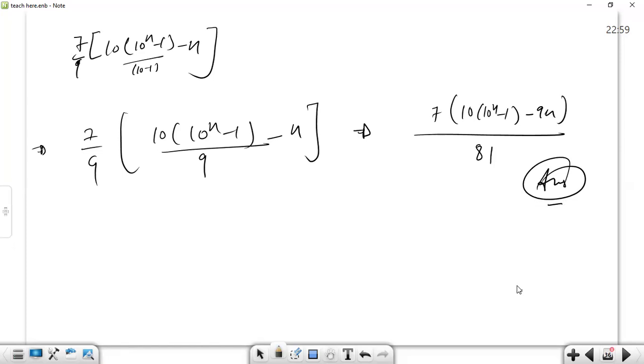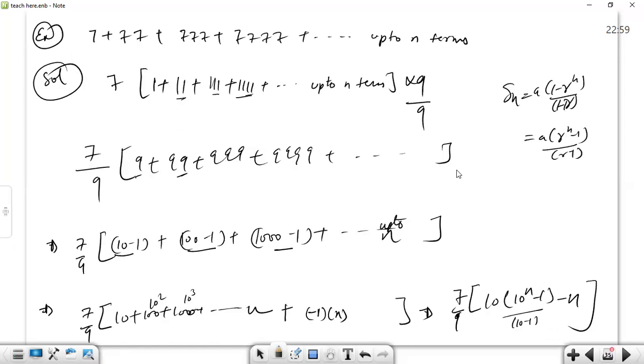So please go back and observe how we have approached this question. Why every step is taken, why I have written in this format, and why particularly multiplying by 9. So that we will be able to express these terms in the form of these two numbers, and we'll be able to form a sequence which we are acquainted with, which is a GP.